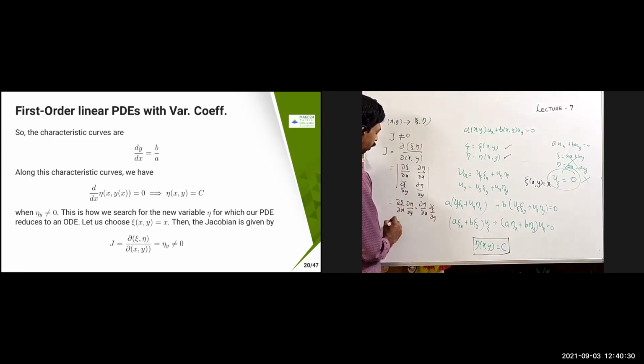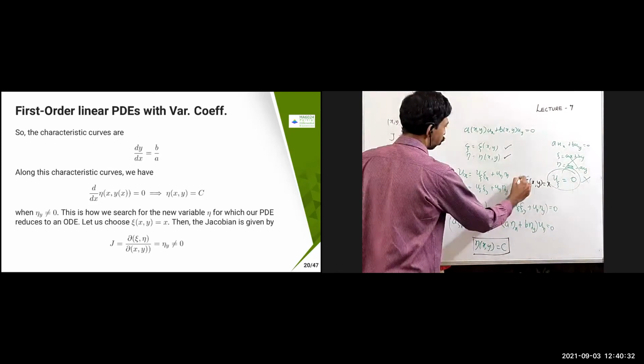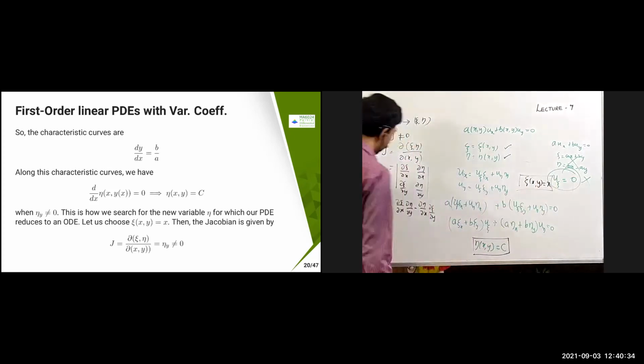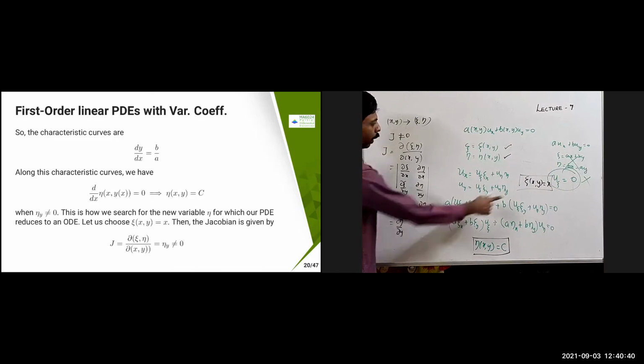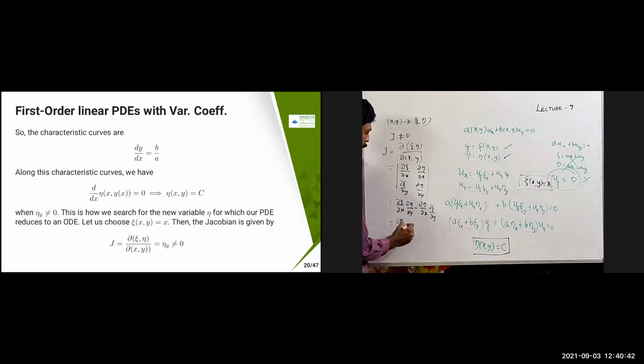Since I have chosen chi of x comma y equal to x, this becomes dou eta by dou y. And dou chi by dou y is independent of x, so it becomes 0, minus 0. So that means eta y is there.